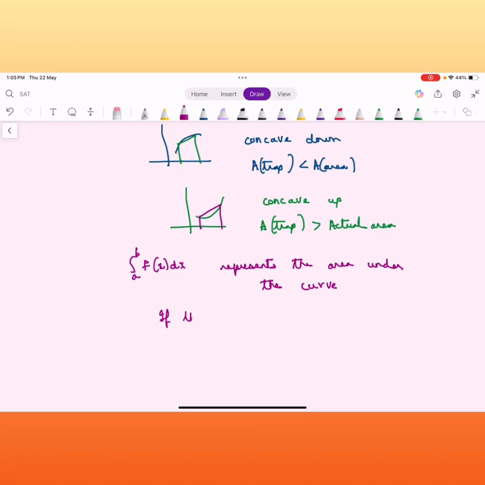And if the graph is concave down, we have seen the concave down graph. So if the graph is concave down, the area of the trapezoid will be less than or equal to integral a to b f of x dx, and this will be less than or equal to the midpoint sum.